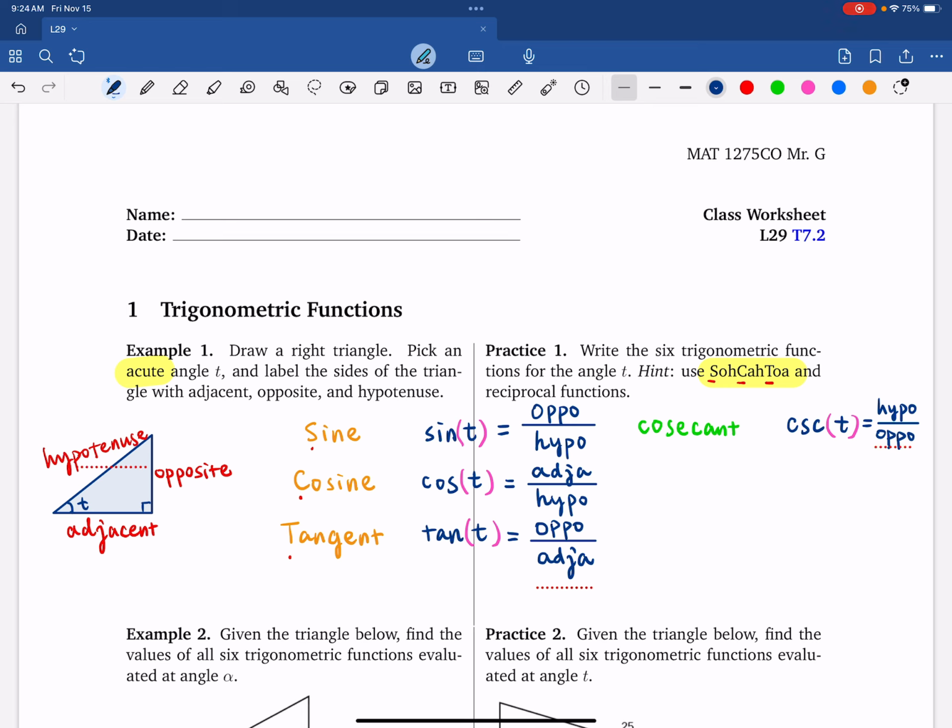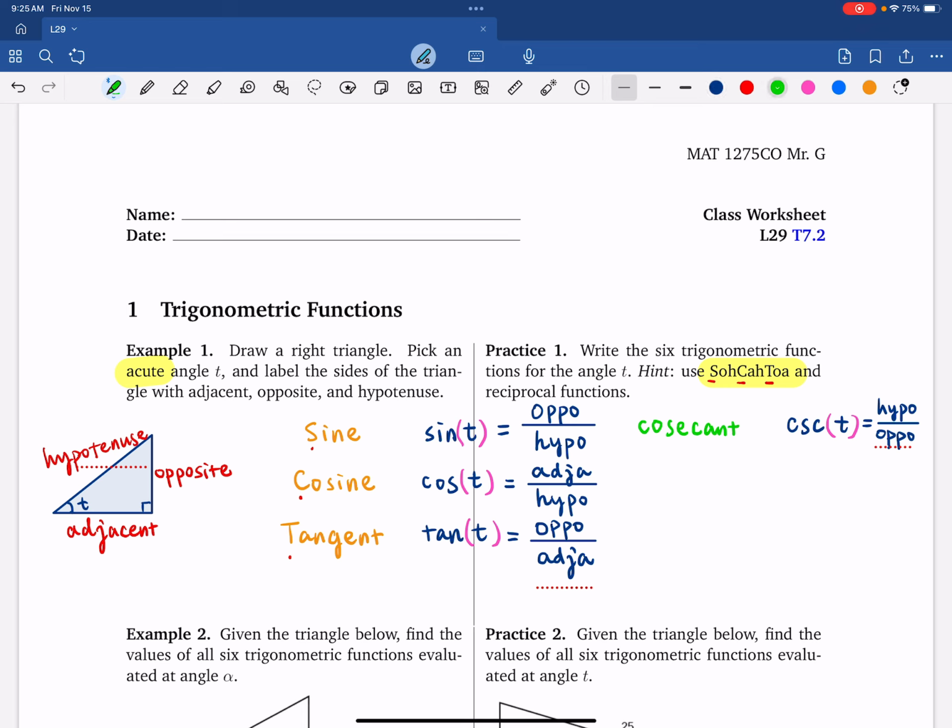Not really. The only thing you need to remember is that sine and cosecant are reciprocals of each other. So that means if you know the value of sine, you will know the value of cosecant. So this formula is optional. You don't have to remember it. You just need to remember cosecant is the reciprocal of sine.